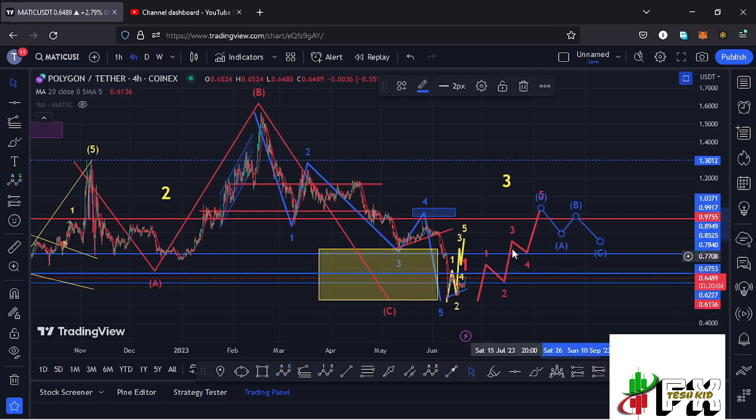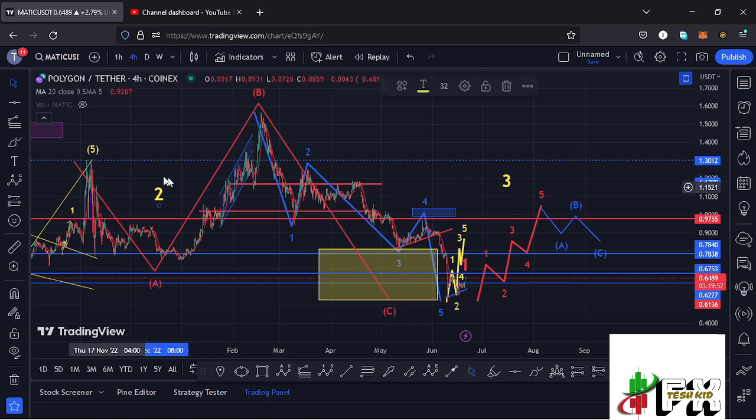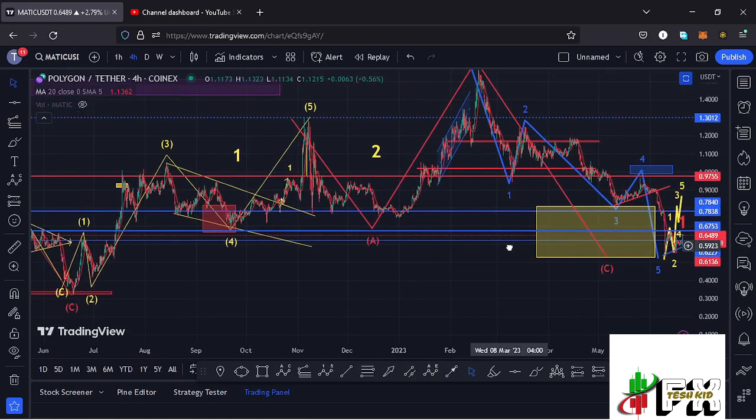Once we see such a move on the charts, that will be enough confirmation that the low for this second wave is in and we have started an impulsive move in the formation of this wave 3. So that is what I'm keeping my eyes on here on the Matic chart from the long-term point of view.